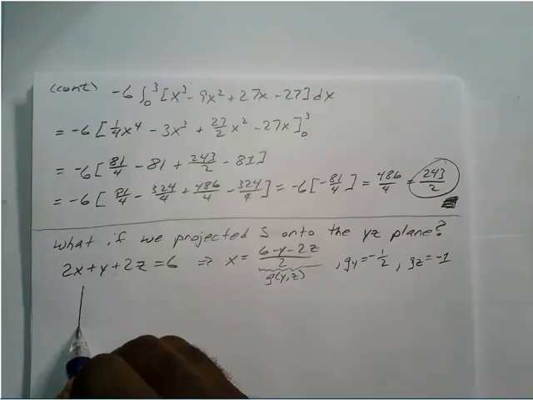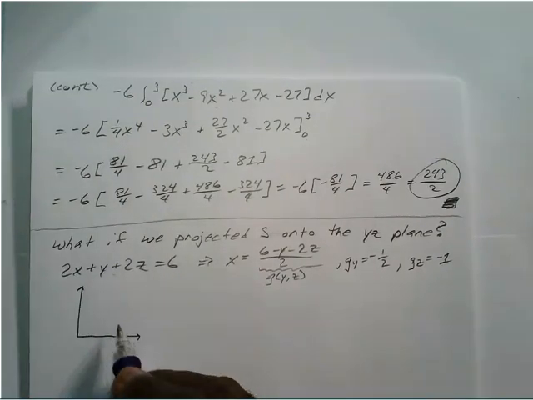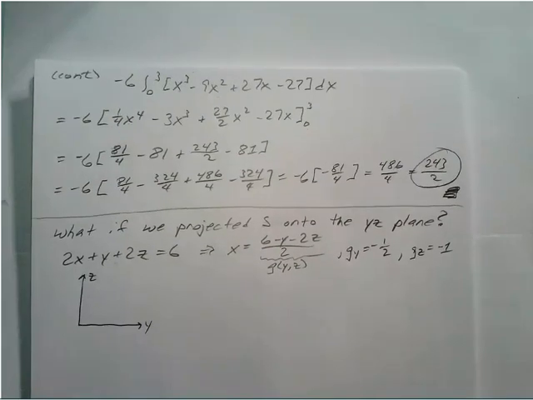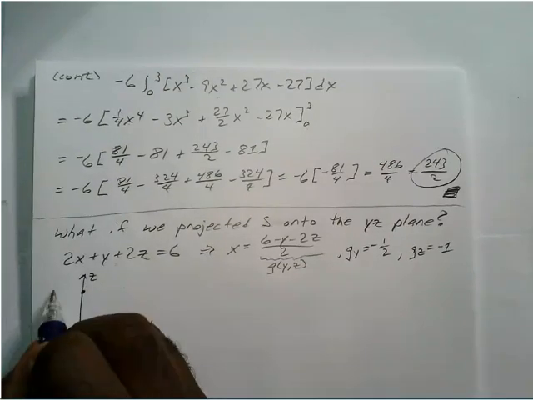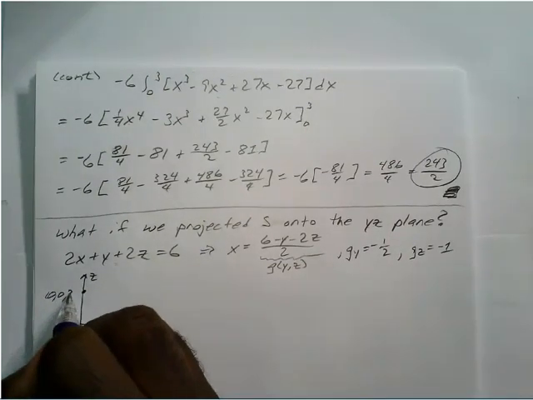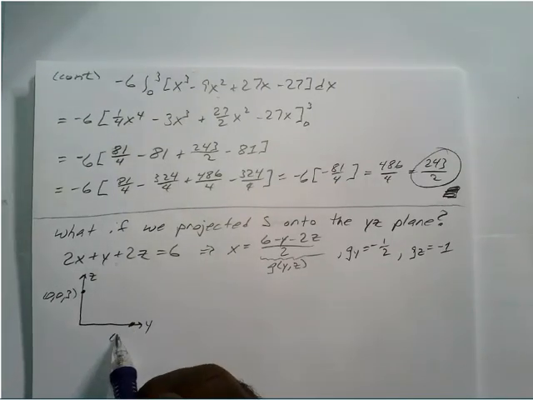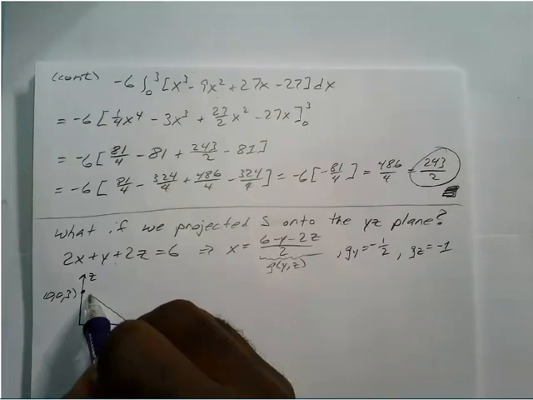If we graph this, instead of x and y, this is y and this is z. Remember, y means z goes to 0, 0, 3. And y is 0, 6, 0.